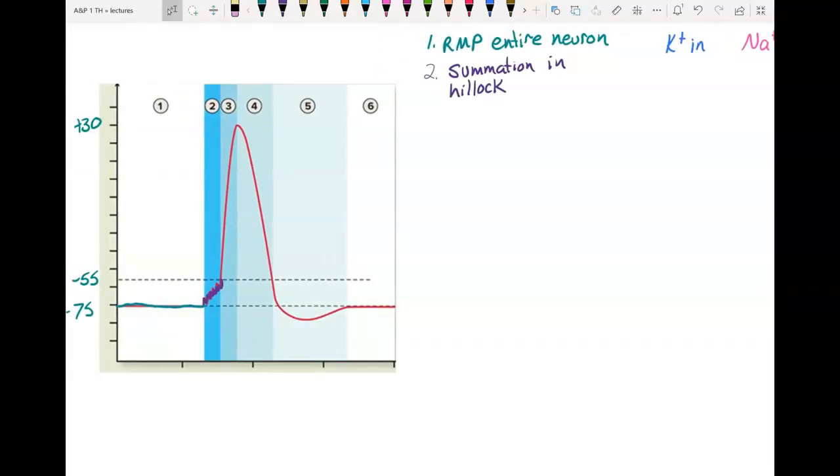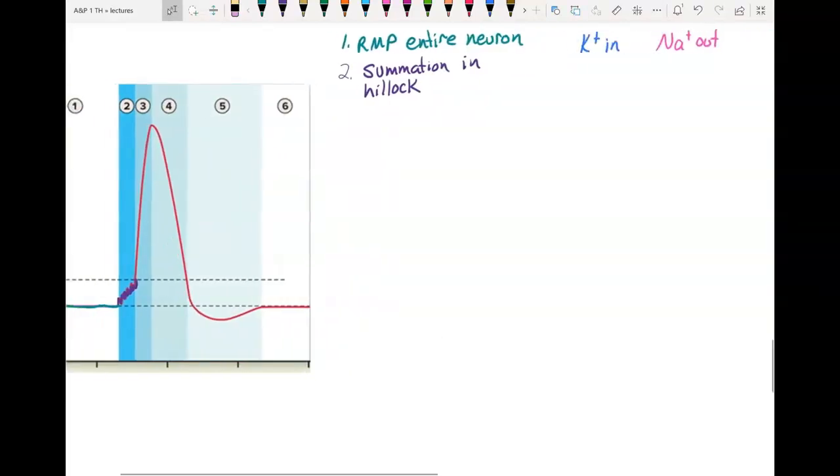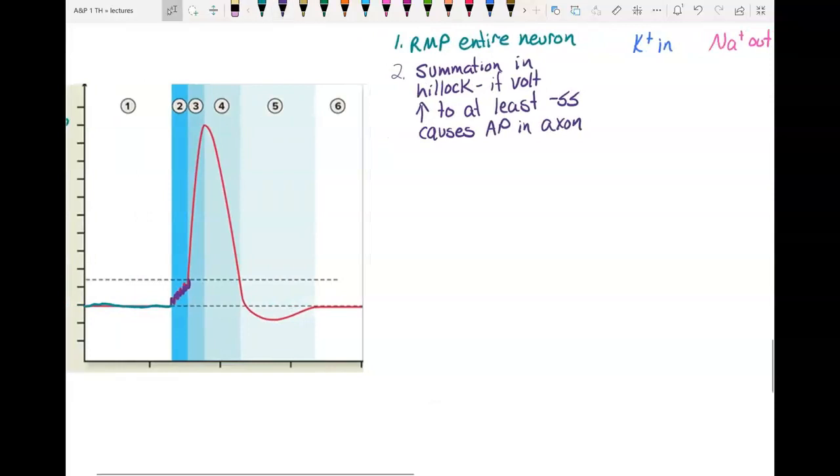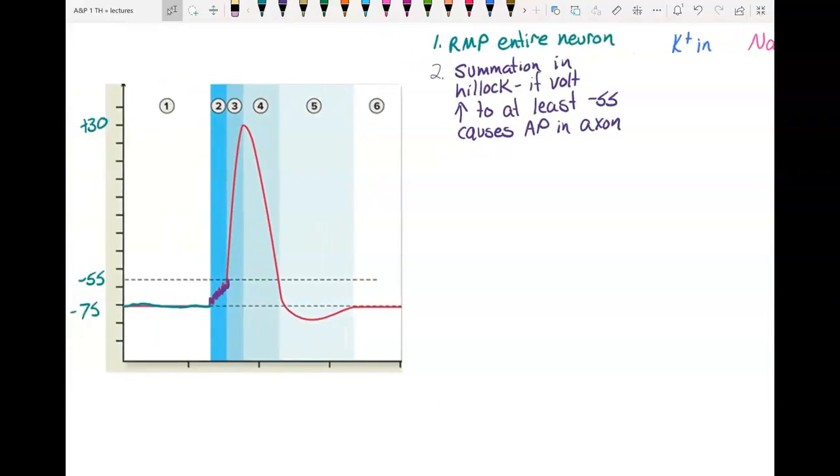If it raises to at least -55, it will cause an action potential in the axon. So remember we said the hillock is the initial segment. It's like when you hear a rumor and then you have to decide if you want to pass that rumor on. So right here is the hillock deciding to do that.